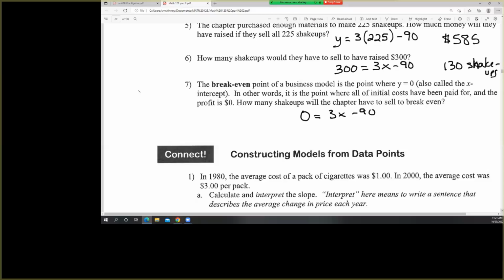Which basically in this case, we might more intuitively know that that means, oh, I got to cover my $90. So 30 shakeups. So if they sell less than 30, they lost money. Exactly 30, they at least broke even, only wasted their time.